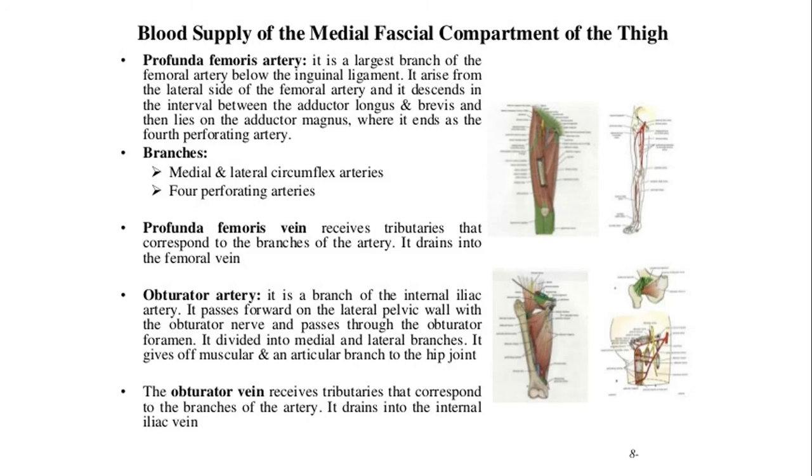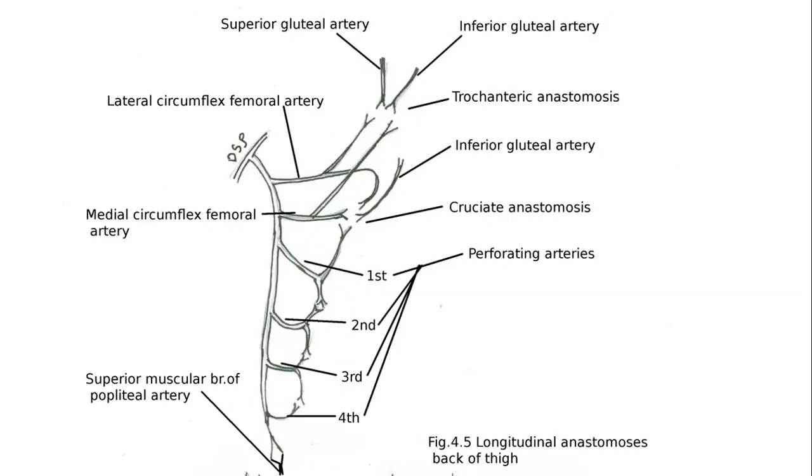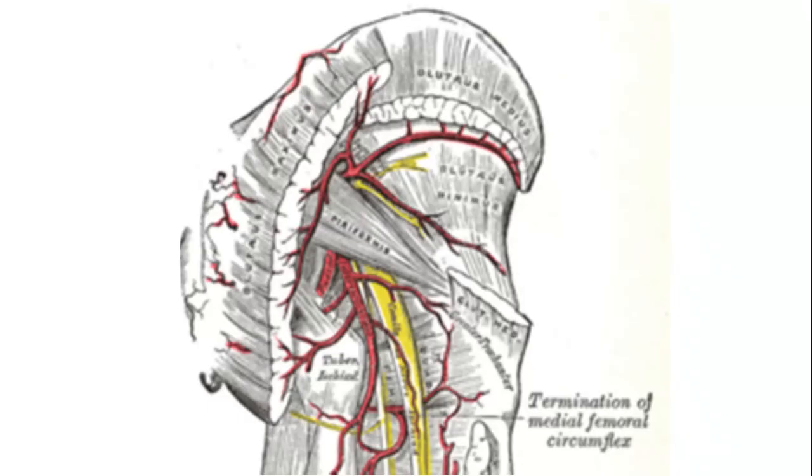These two arteries are important in the blood supply of the medial compartment, and here we see how the profunda femoris takes part in the anastomosis, although it has nothing to do with the obturator artery, but this is for the purpose of learning. In my advice, these diagrams should be drawn by the students, especially this one and this one. These are very helpful for the exam.